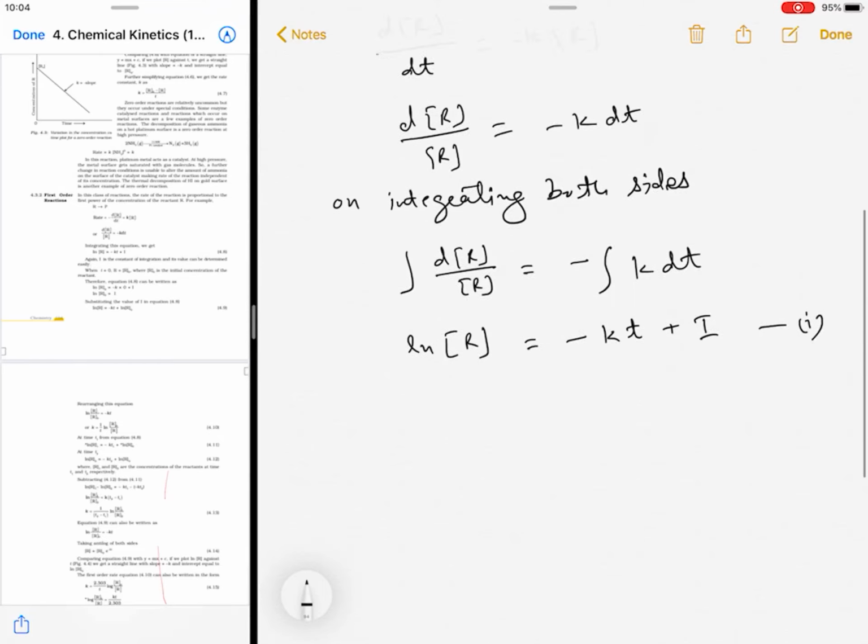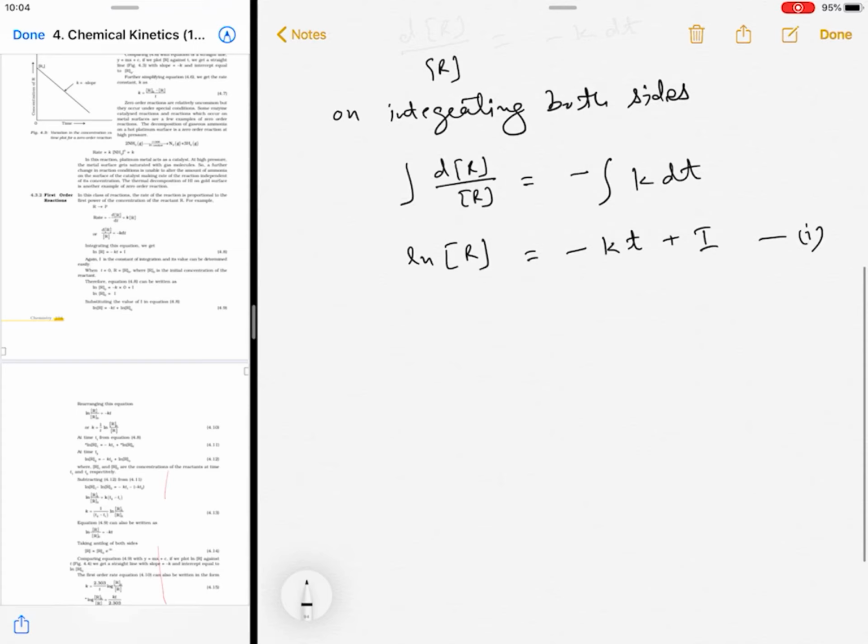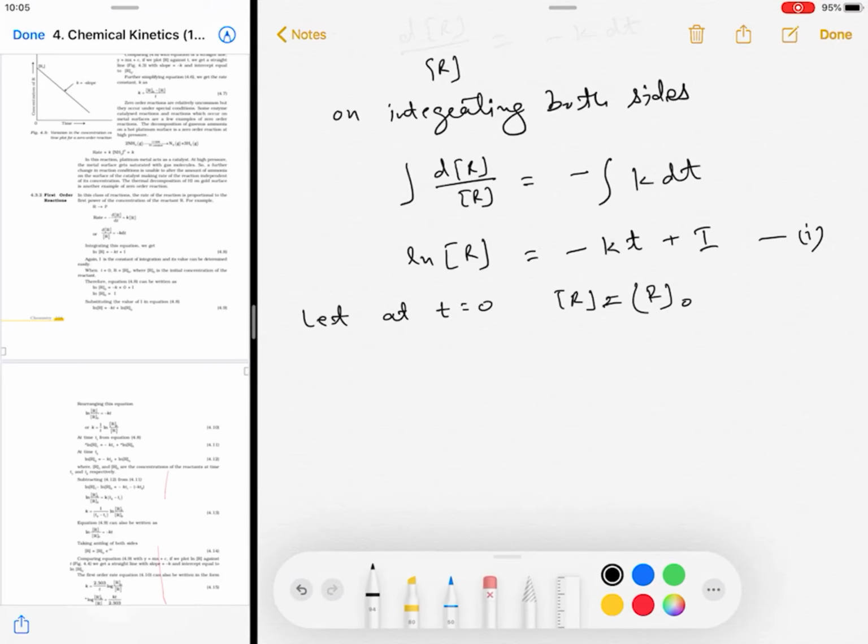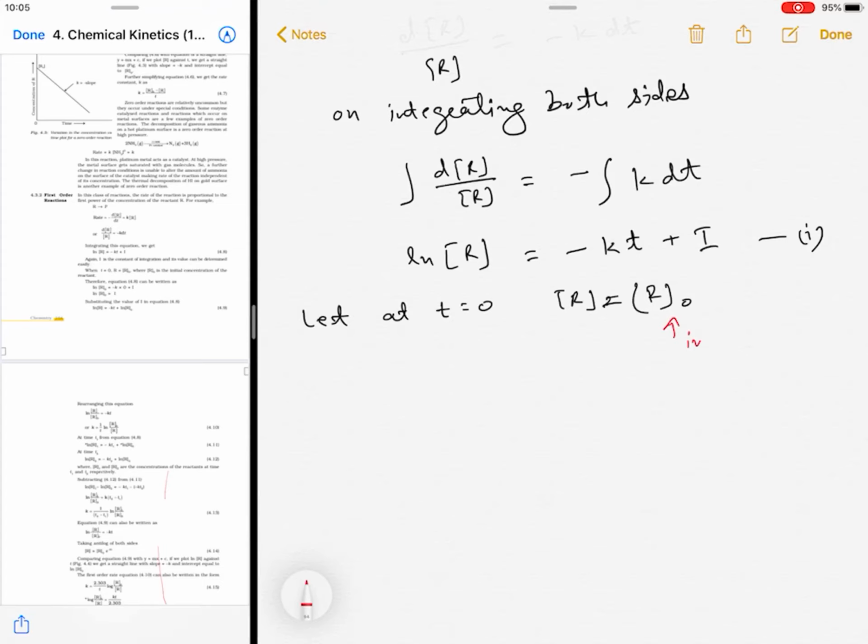If we consider the initial conditions, let at t equal to 0, the concentration of R be R naught, the initial concentration of reactant.